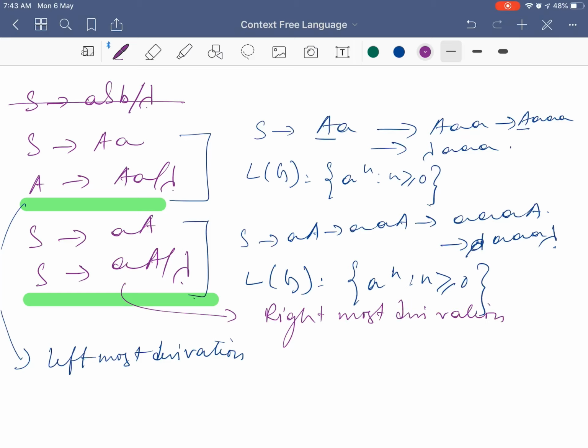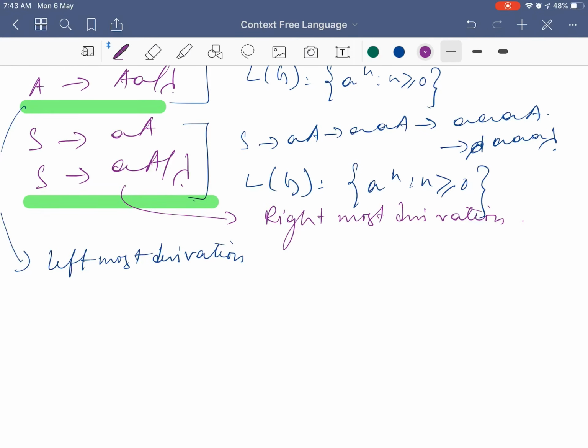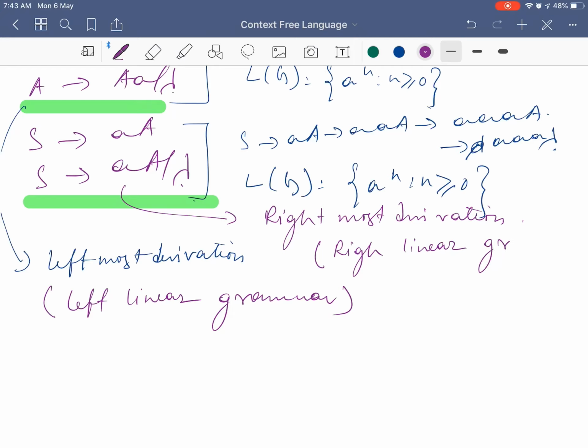So in a context free grammar, I have to check whether the replacement is starting from the left hand side or from the right hand side. If the replacement is starting from the left hand side, then these types of grammars are called left linear grammar. And if the replacement is always starting from the right hand side, then it is called right linear grammar.